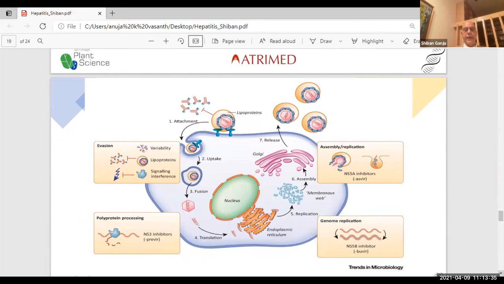At the stage when the virus is assembling, in the pink and blue area of the slide inside the cytoplasm, these analogs enter the cell, enter the viral genome, and stop replication.